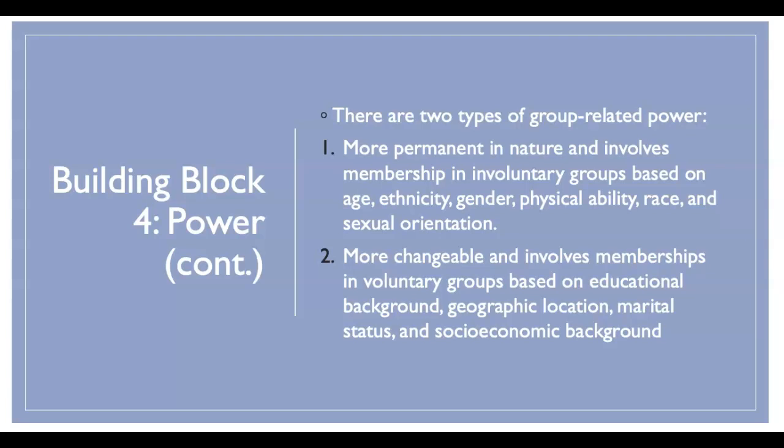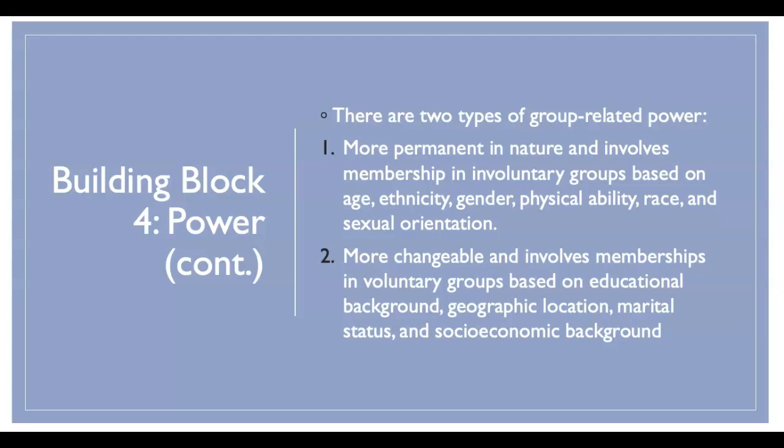So, for instance, if you are born as a male, as a Caucasian, and you are good looking, and you're physically able in this society, you would be the one who holds more power than if you were born as a female, from the racial minority, and if you are disabled and if you are younger in age, maybe.